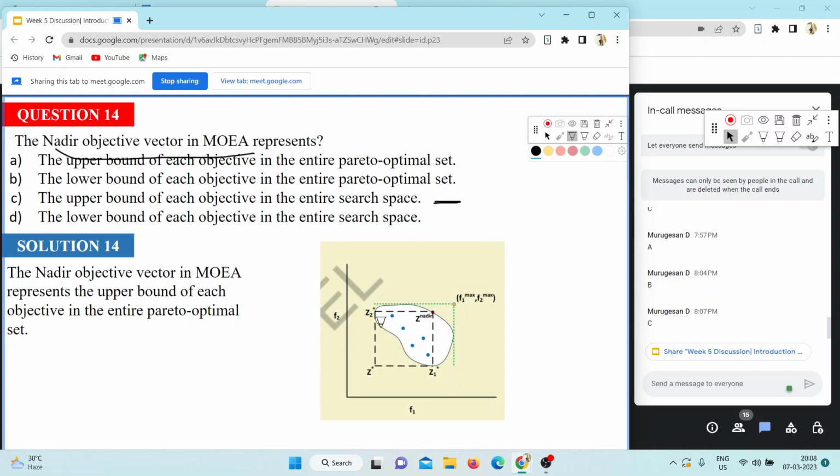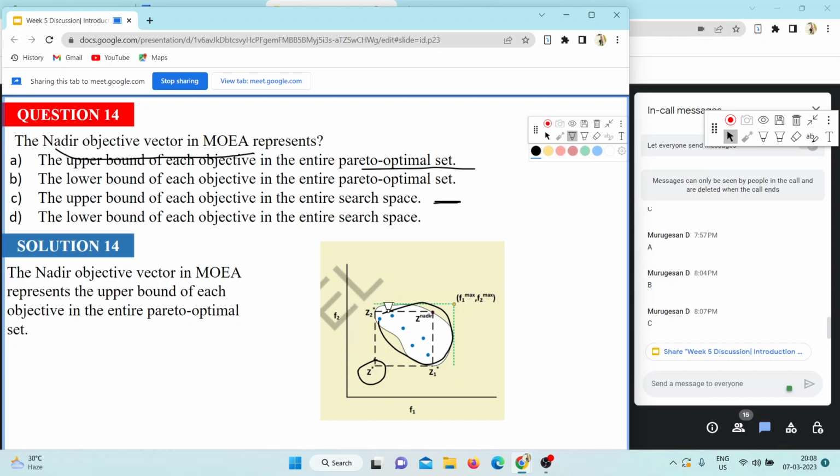In the previous question we have seen we are concerned with the lower bound, not of the entire search space, but of this white circle where you are actually getting your values of GA, that is known as the Pareto optimal set.